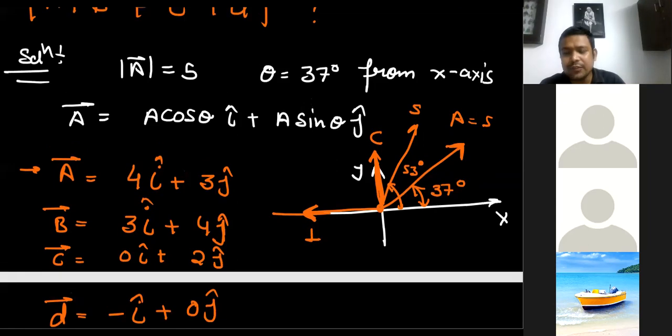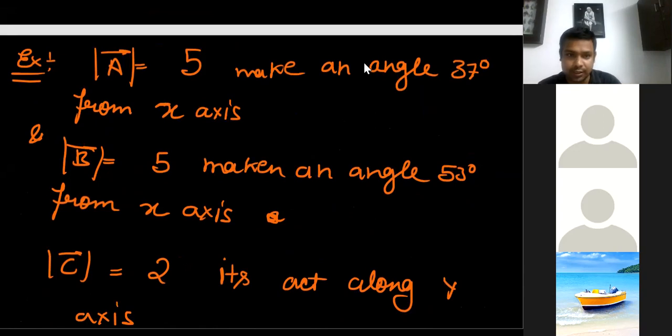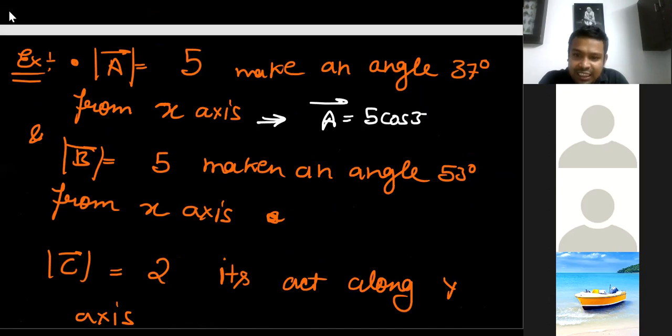So let us see again. Suppose in this question we want to add more than 2 vectors. Actually, we want to add 4 vectors. The first information is that the magnitude of vector A is 5 and it makes an angle 37 degrees from the x-axis. So this information gives the idea about vector A, and vector A is 5 cos 37 i cap plus 5 sin 37 j cap.